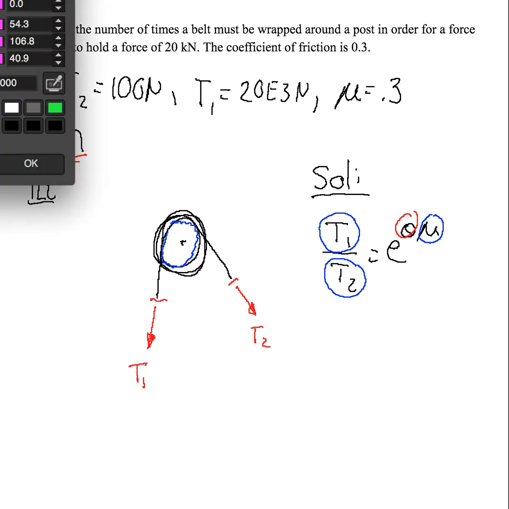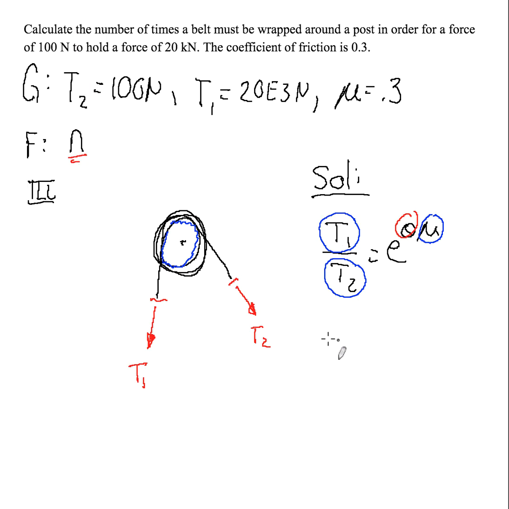So let's do that. We can do that in multiple steps. One thing is we can take the natural log of one side, so I'm going to put theta times mu on this side, and then the natural log of T1 over T2. We can find a number for this, but let's keep going.